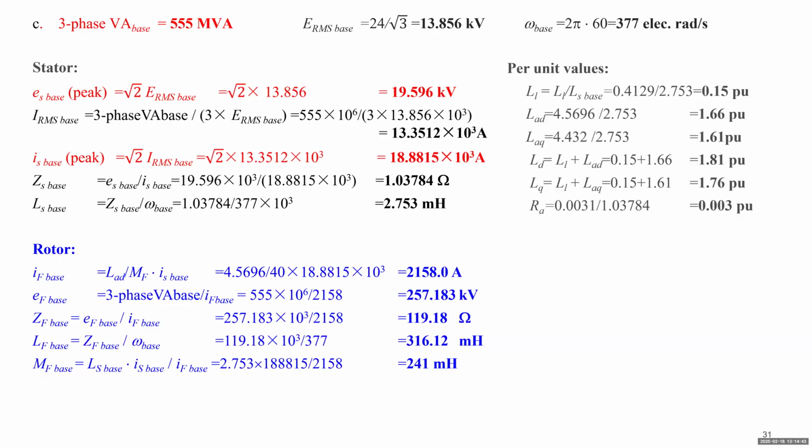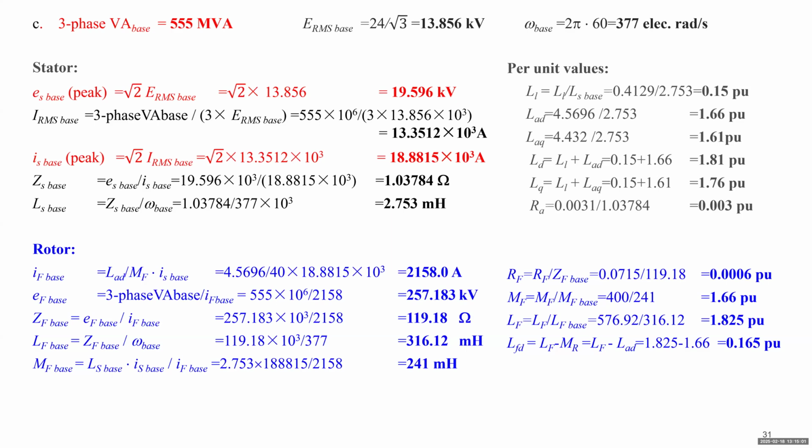Those will be the per unit values. We use the actual values from the previous slide and divide by the base values, and we'll have those per unit values. So LOAD, LOAQ are very close because this is a round rotor generator. Those are the per unit values.